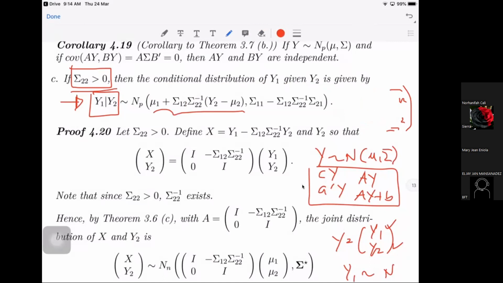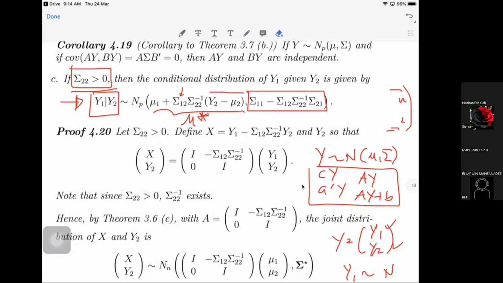It is normally distributed, but the mean vector will be mu1 plus sigma 12 times the inverse of sigma 22 times the difference y2 minus mu2. And the covariance matrix is equal to this term.